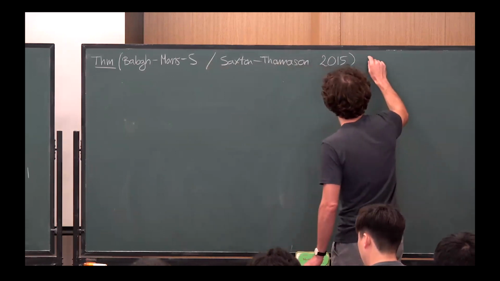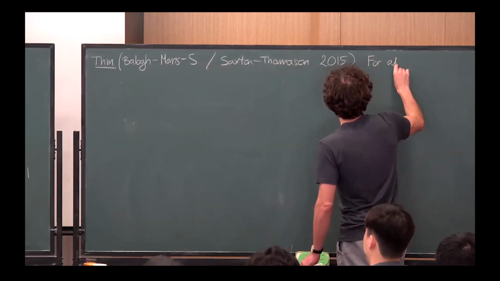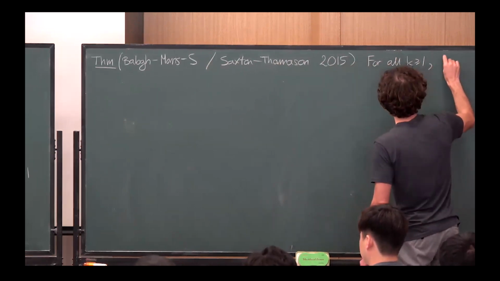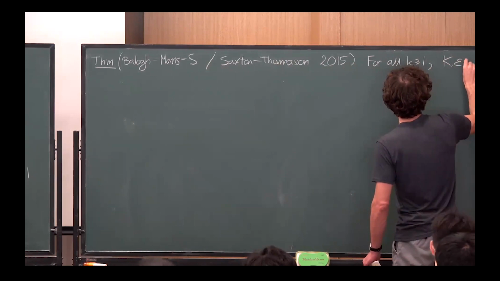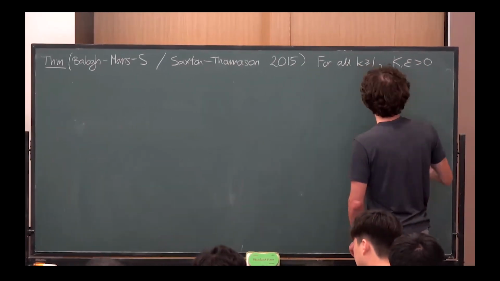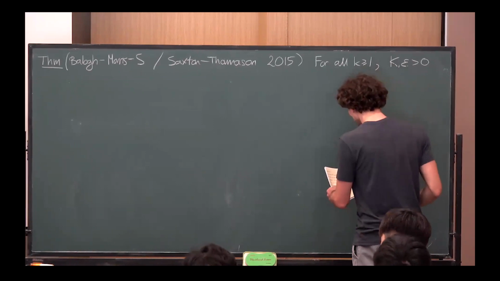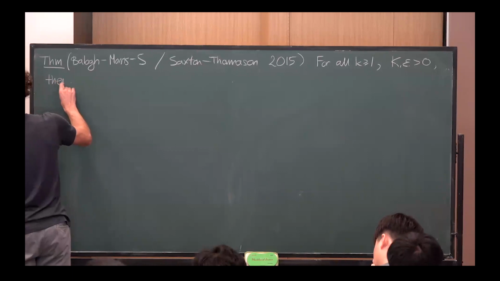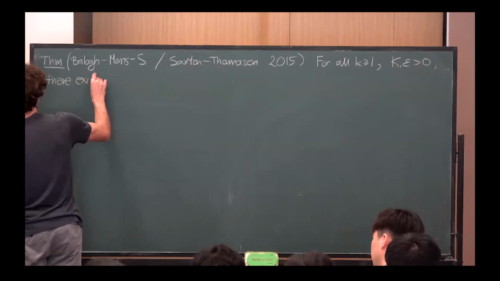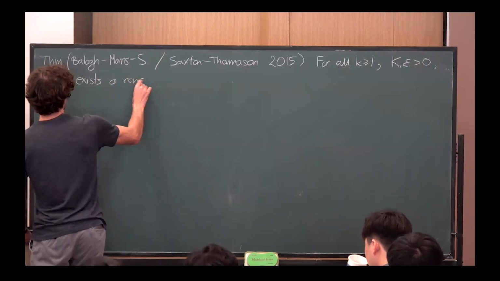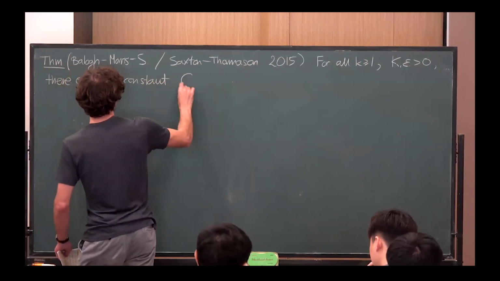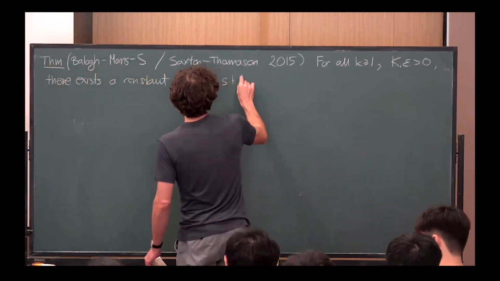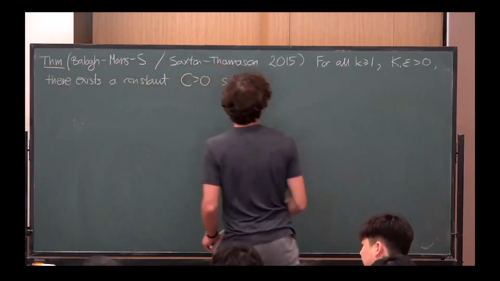And here's what it states. Whenever we take an integer k at least 1 and parameter epsilon, think k large, epsilon small, there will be a positive constant C such that the following holds.